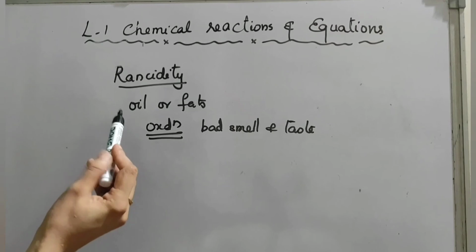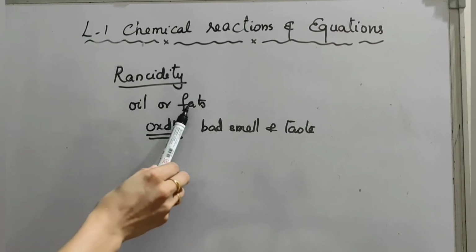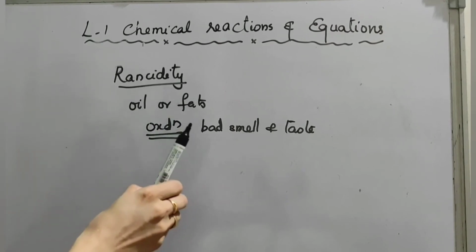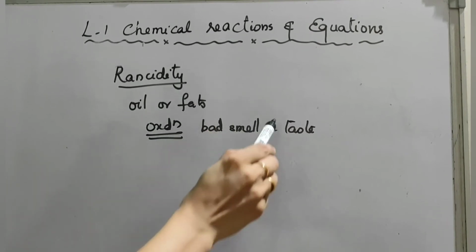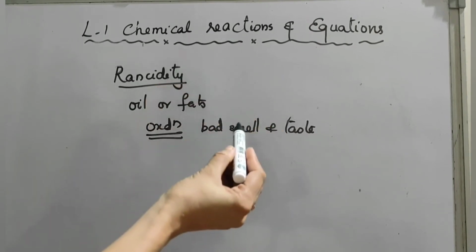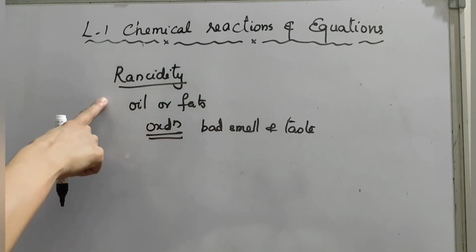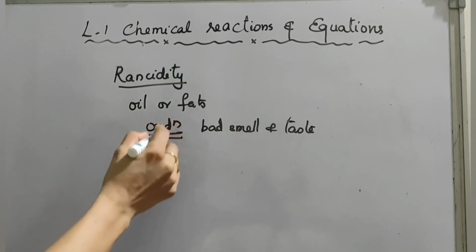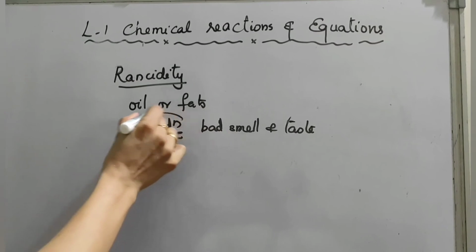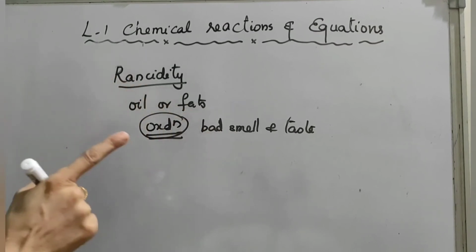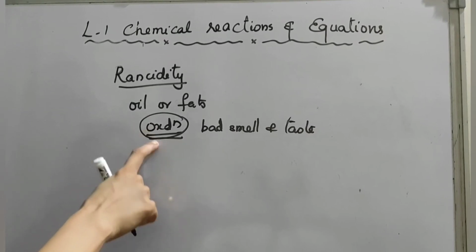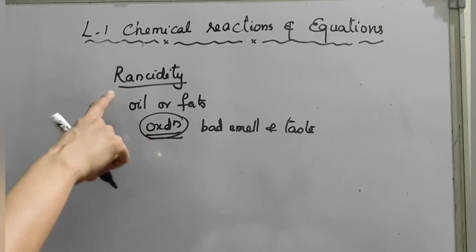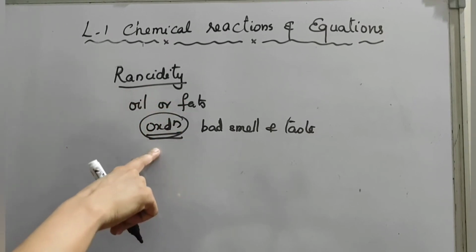Once again, substances made up of oil or fat react with oxygen, or oxidation, to form bad smell and taste. That is known as rancid, and this process is known as rancidity. If you do not mention reacting with oxygen or oxidation, the answer is wrong. You have to mention it, otherwise the rancidity definition is wrong.